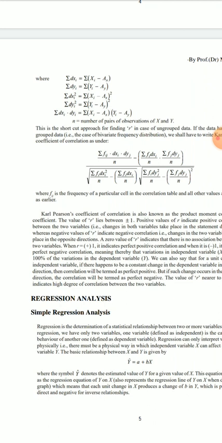So, the Karl Pearson coefficient of correlation is also known as the product moment correlation coefficient, and the value of r lies between plus and minus 1.